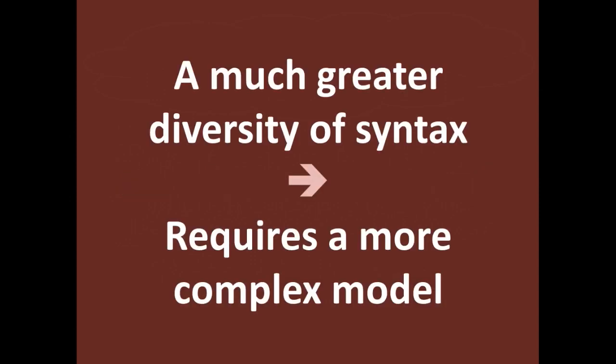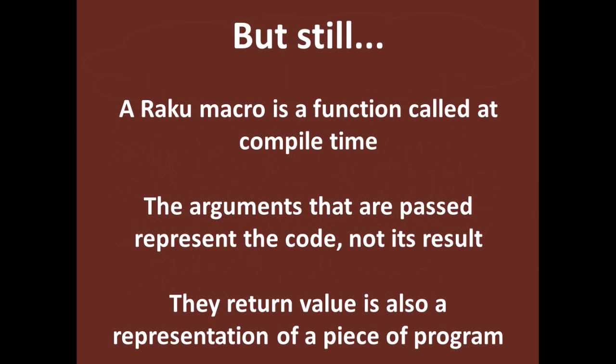So what about Raku? It's quite clear that Raku's syntax is slightly larger, I guess. Actually, to be fair, it's a much greater diversity of syntax, and therefore it requires a much more complex model. But even if the model of the syntax is more complex, we can still hold on to a lot of the advantages. A Raku macro really is, or will be, just a function that is called at compile time.